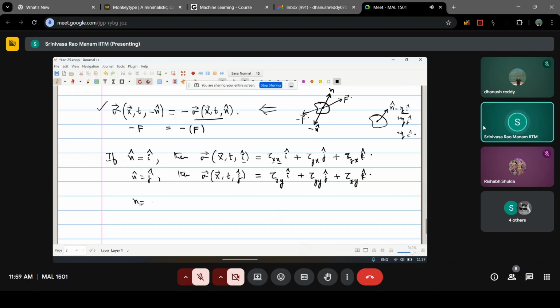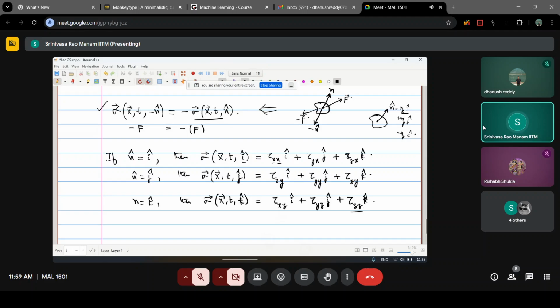Similarly, if n equal to k, you will have tau x component along the z direction, that is your first one. Tau y z direction, that is your j component. Tau z component along the z direction, that is your k component.